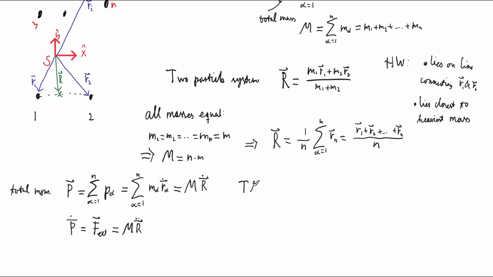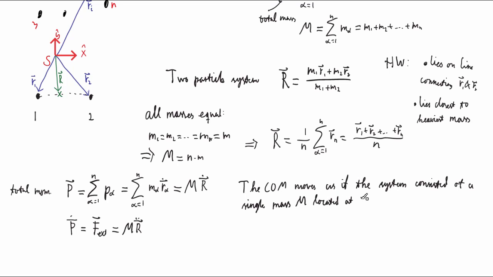Okay, so to summarize this then, the center of mass of the system moves as if it consisted only of a single mass located at the center of mass and subject only to the external forces on the system, none of the internal ones.